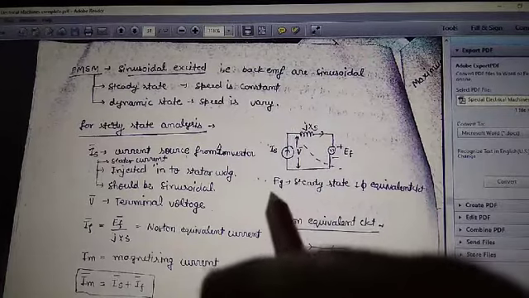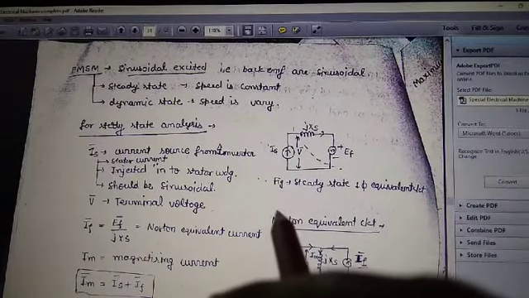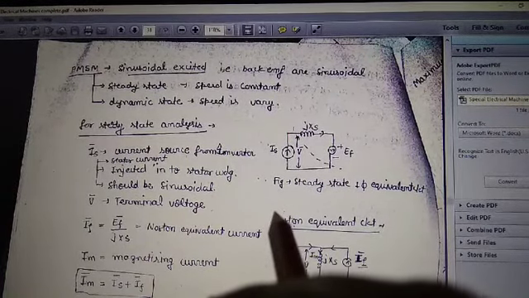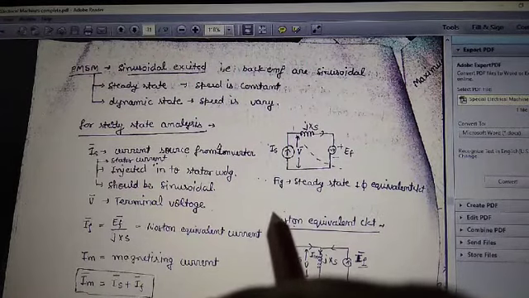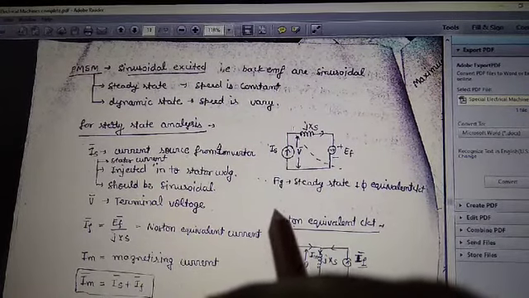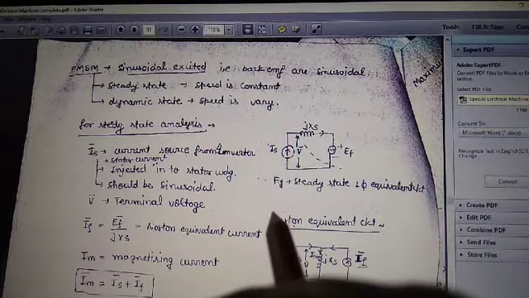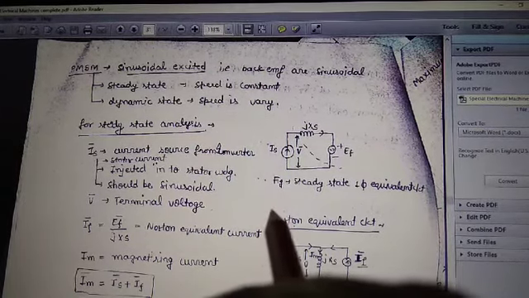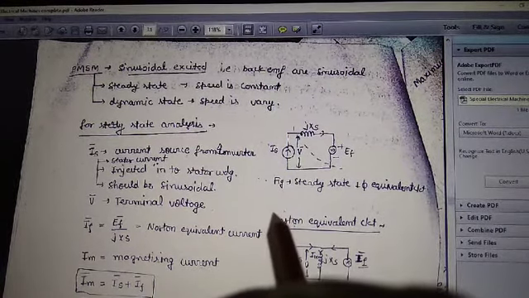In state analysis we have two parts: steady state analysis and dynamic state analysis. In steady state, the speed is constant at synchronous speed. In dynamic state, the speed is varying, that is, speed control operation can be performed.